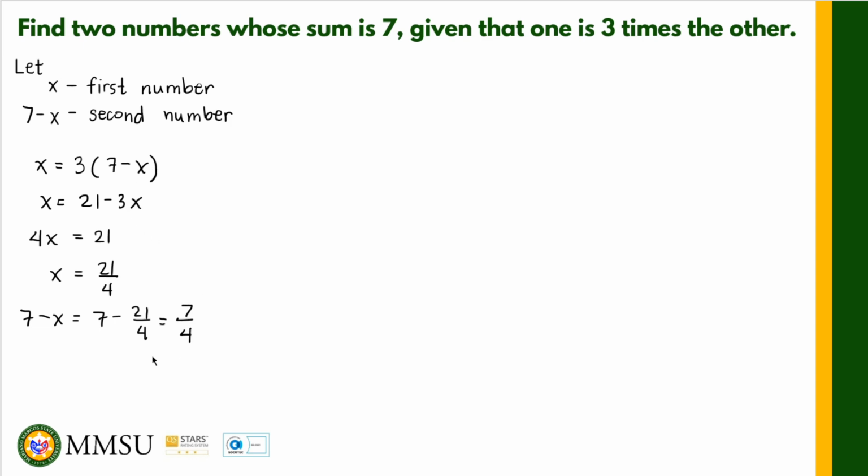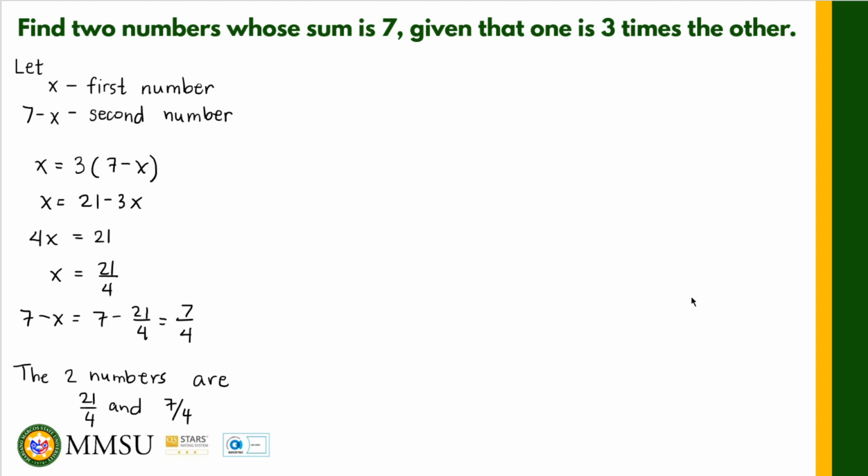Therefore, to answer the problem, the problem is looking for the 2 numbers. So, ang conclusion natin, therefore, the 2 numbers are 21 over 4 and 7 over 4.